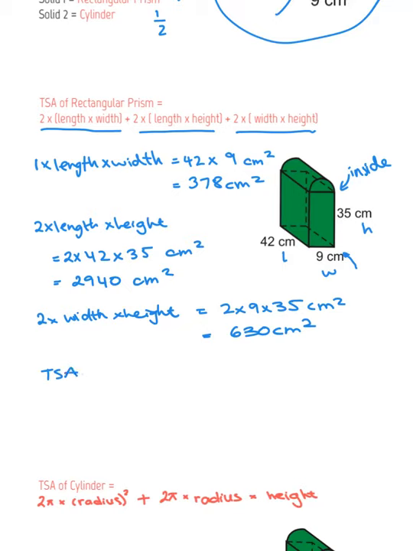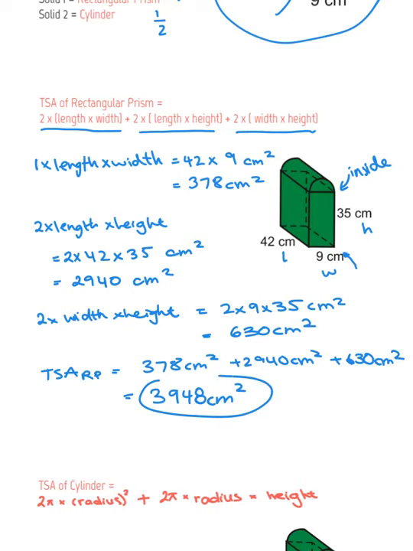And the total surface area of my rectangular prism is therefore 378 centimetres squared plus 2,940 centimetres squared plus 630 centimetres squared. And that gives me a total of 3,948 centimetres squared. So I found the first half of the composite solid.